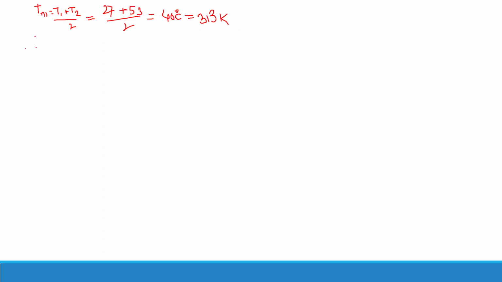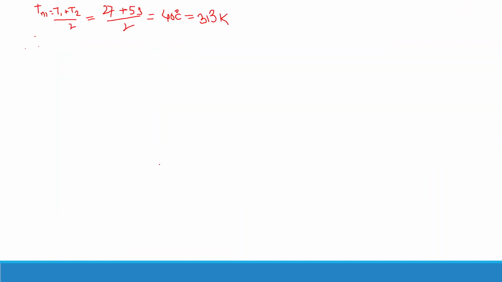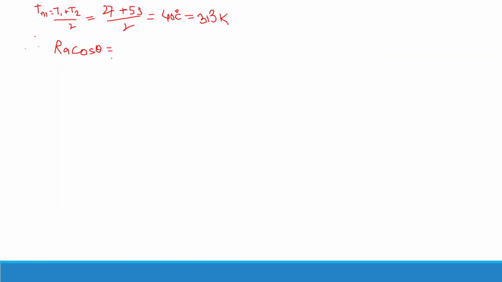Now the quantity needed is Ra cos beta. So how do you evaluate Ra cos beta? Ra is basically the Rayleigh number. It is cos theta, not cos beta, sorry. Oh, here it's written beta, so I will write beta. The Rayleigh number is basically Grashof number into Prandtl number, and this cos beta will be as it is.